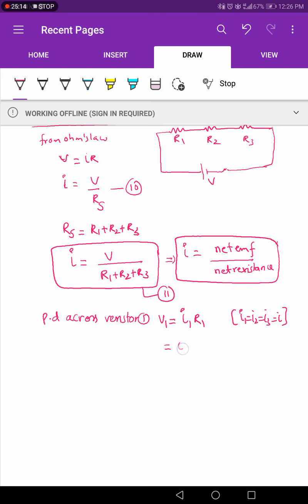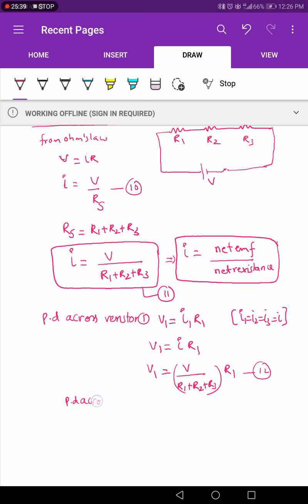So substitute the I value: V1 is V by R1 plus R2 plus R3 times R1. That's it. This is PD across resistor 1.